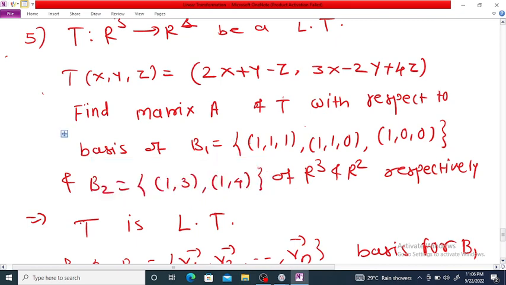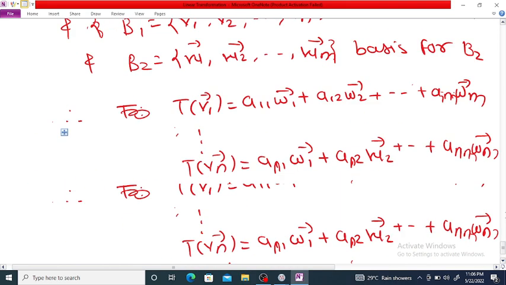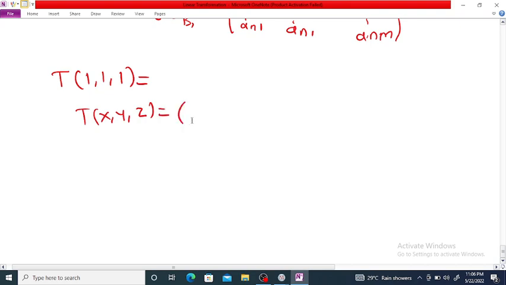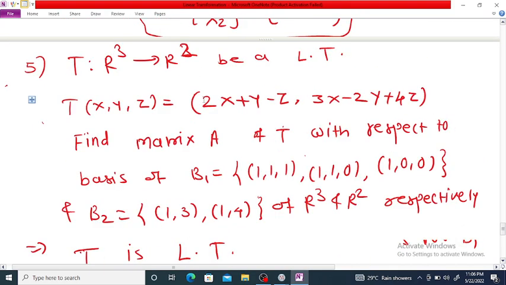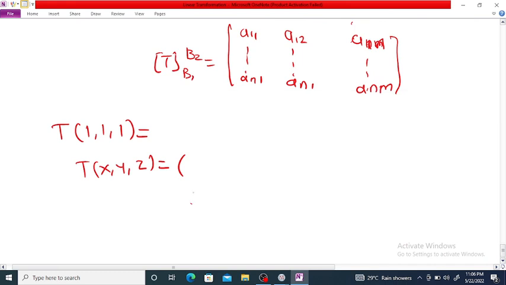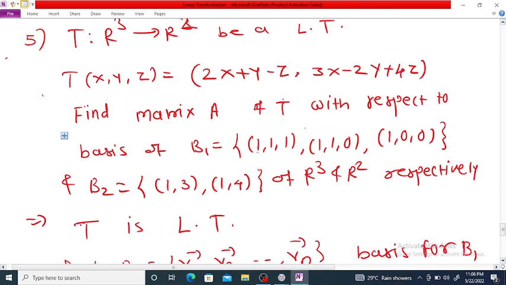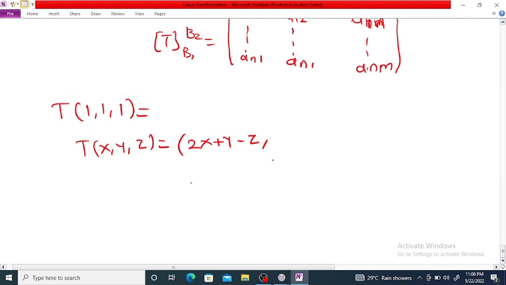Now given these are the bases for R cube and R square, first we want to determine the image of T of 1 1 1. The formula for T of x y z is twice x plus y minus z, thrice x minus twice y plus 4z.